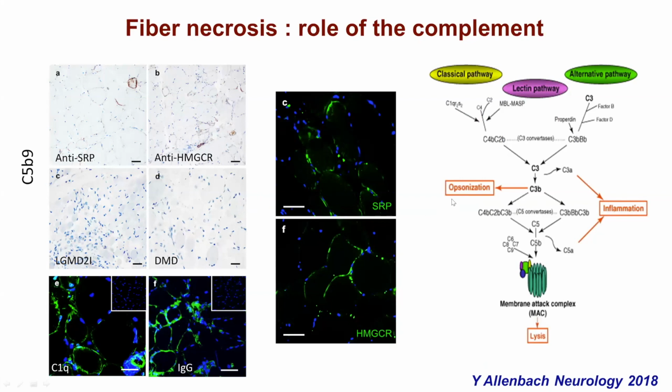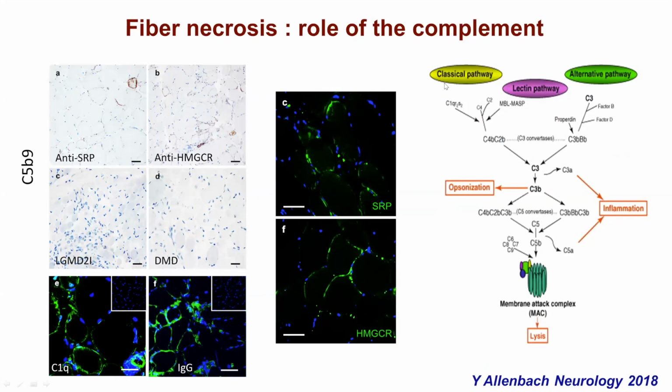As you know, the complement can be activated by the classical pathway or by the alternative pathway. To see which pathway is activated here, he did some staining with antibodies against C1q, which is the clear marker of the classical pathway.